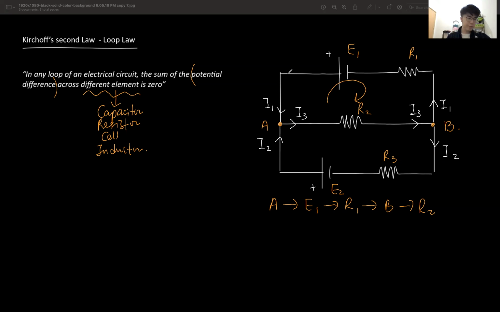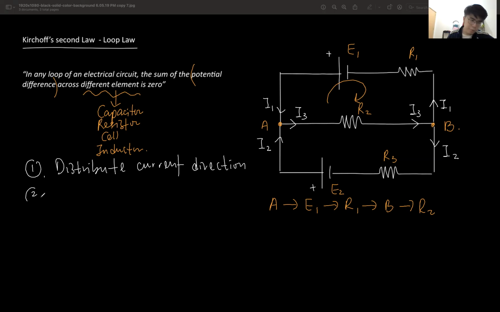Now, after you have done Kirchhoff's first law, then to calculate the second law, you need to choose a calculation direction. Now, let me write it here. First is identify, distribute current direction.